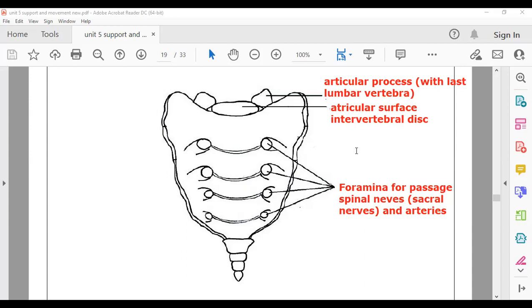Passage of spinal nerves and arteries. Done, sir. Good.